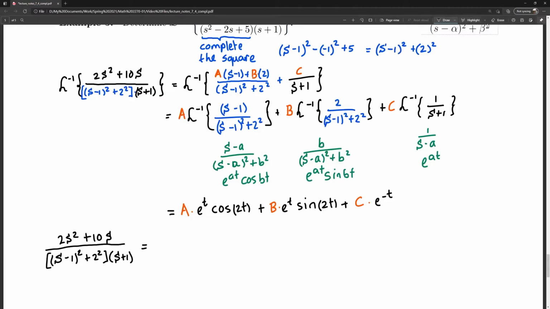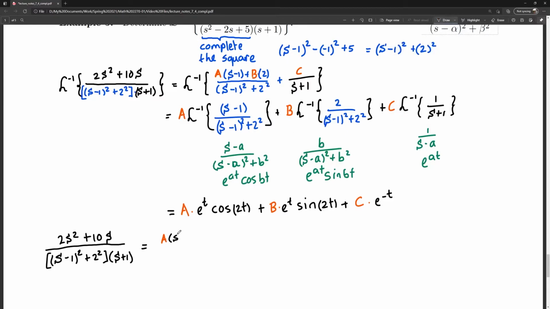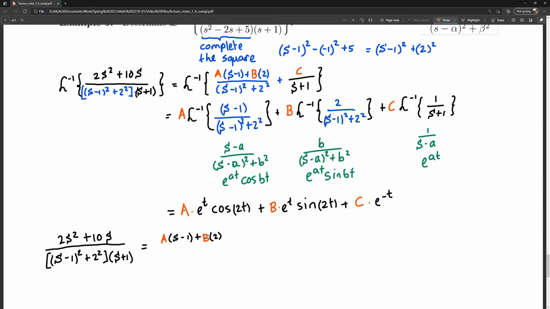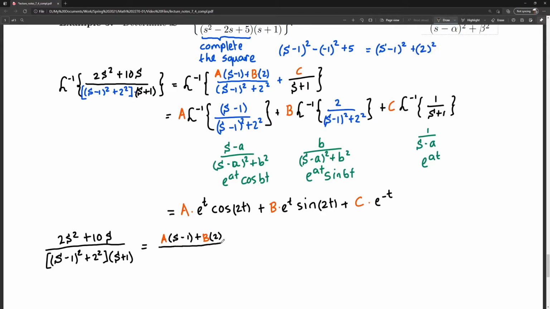So that is a times s minus 1 plus b times 2 all over s minus 1 squared plus 2 squared.